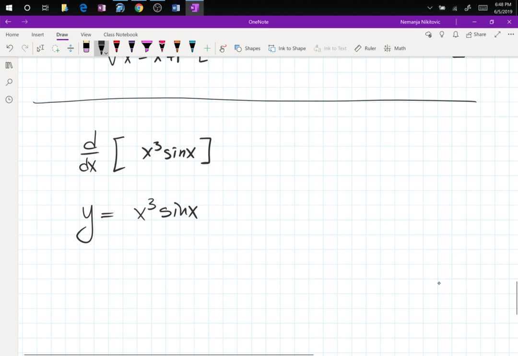You define whatever you want to differentiate as y, and then you apply ln to both sides, this red ln. Now observe that the argument of ln on the right-hand side, the black writing, is a product of two things.